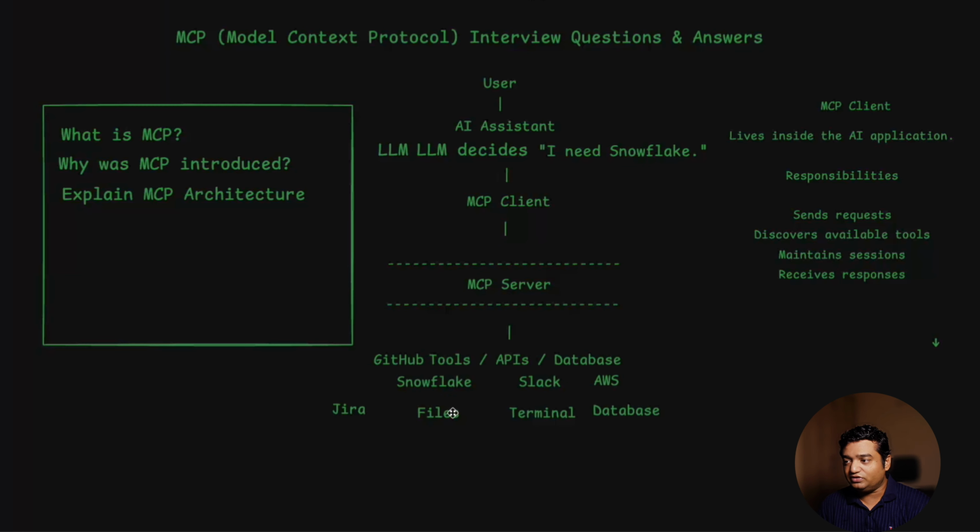For example, if the MCP server doesn't have a Snowflake tool, then the I need Snowflake request will not go to the MCP server. Then it maintains the session. When you have asked for information about Snowflake, that session continues, so that when the output comes from the MCP server, it can go back to the LLM in the same session. And it receives the response from the MCP server. So this is the MCP client.